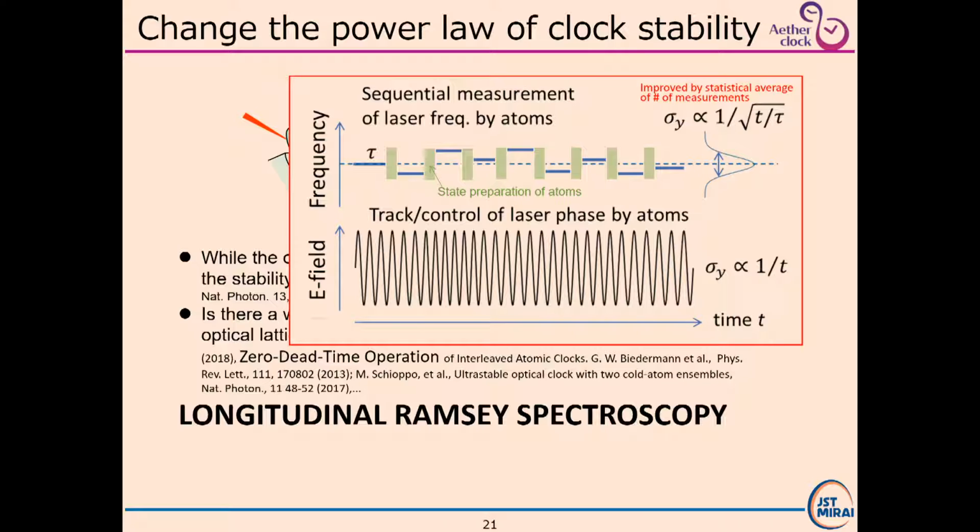But if you continuously monitor the clock transition and control the phase of the laser, then stability improves as the inverse of measurement time. So we want to make a continuous clock.